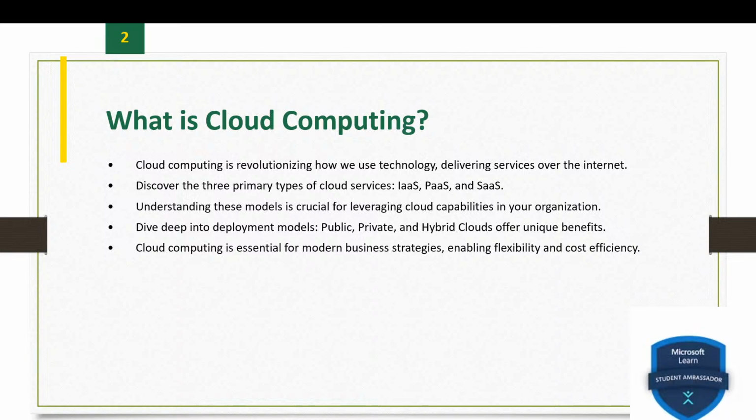And second one is private cloud. Cloud infrastructure is used exclusively by a single organization. It can be hosted on-premises or by a third-party provider. For example, a private cloud solution managed by an organization's IT department. Third one is hybrid cloud.